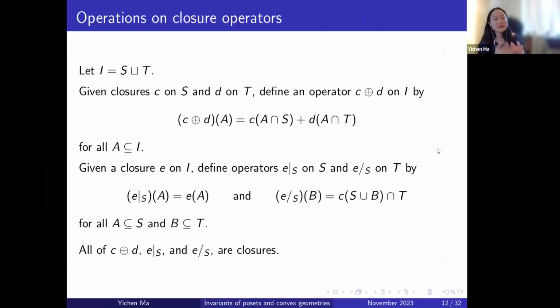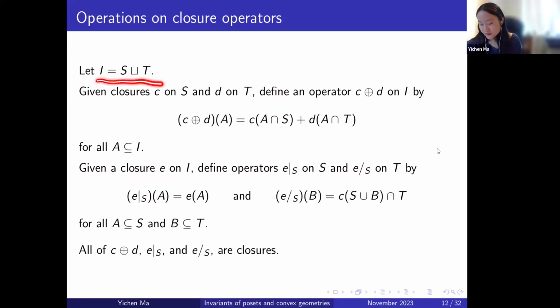Okay, so given a collection of closure operators, we can define some new ones. I want to describe these specific operations, which lead to a Hopf monoid of closure operators.